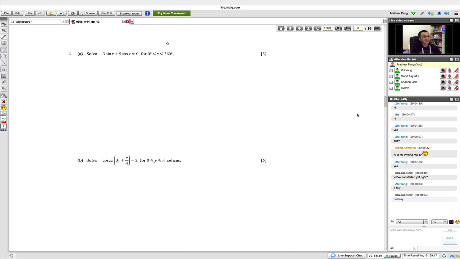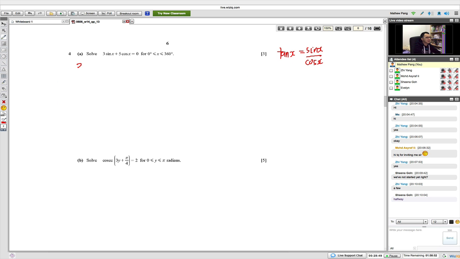Okay, for 4a, you will see an equation and you need to solve this equation. When I see sine and cos together, the first thing coming to my mind will be tangent, because I know tangent x equals sine x over cos x. So that means tangent is the only trigonometric function that uses sine and cos together.